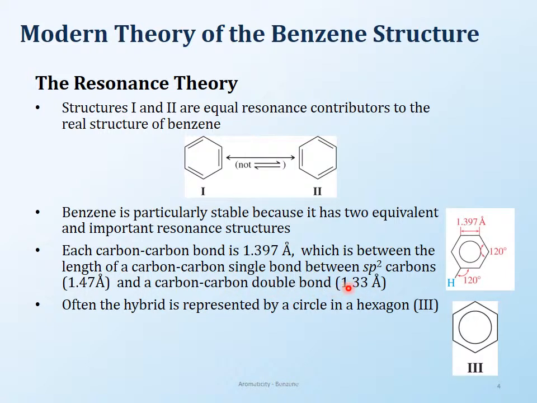The double bonds are shorter, but that didn't turn out to be the case. It was neither of these, and it turned out it was a whole new bond length, which is in between the two. So if it is in between the two, it means that these electrons are highly delocalized, which means that the resonant theory is correct.